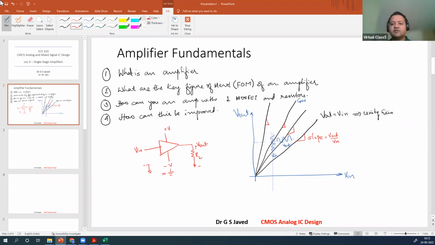Now, what will be the features of this amplifier? The features of this amplifier will be that first thing is the output will be a faithful replica of input signal, but with an amplified magnitude.